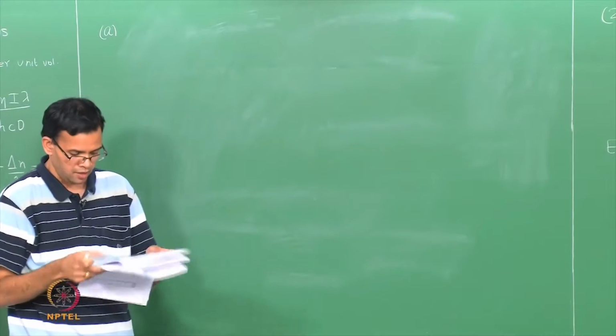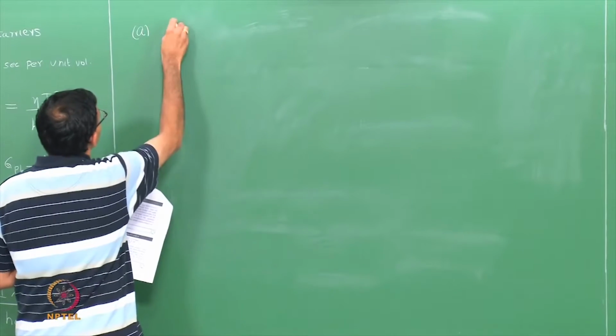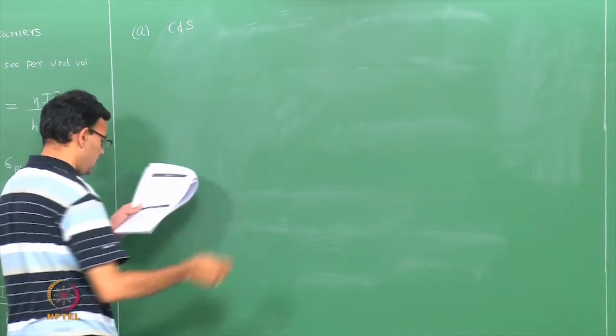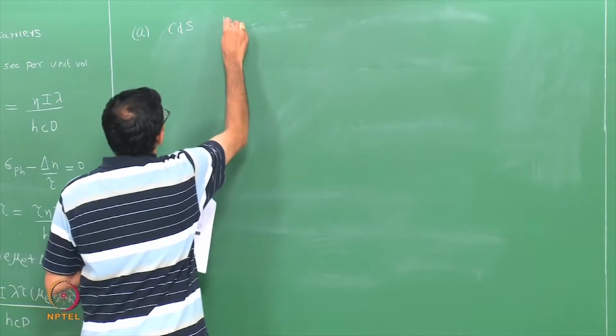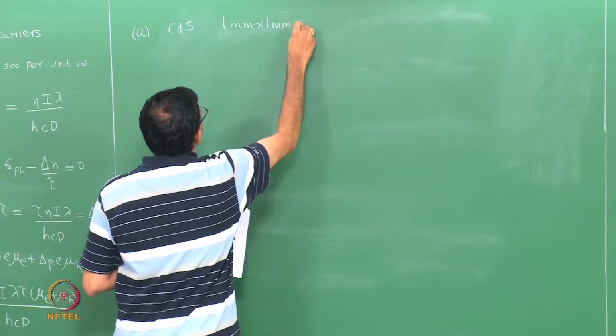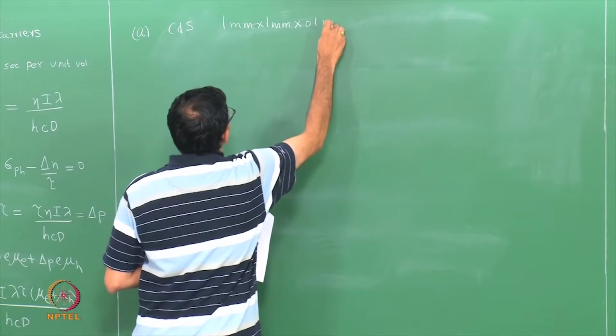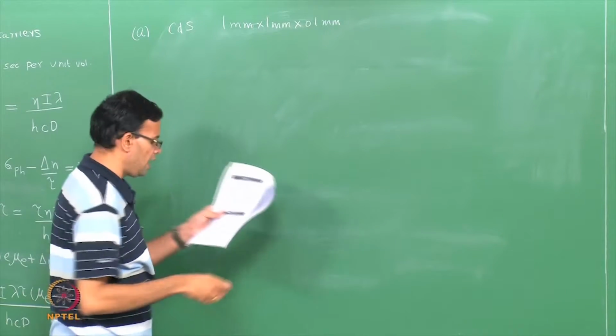So, now we say that the material we have is cadmium sulphide. The dimensions are essentially given: 1 millimeter by 1 millimeter by 0.1 millimeter. The wavelength of the light is given.